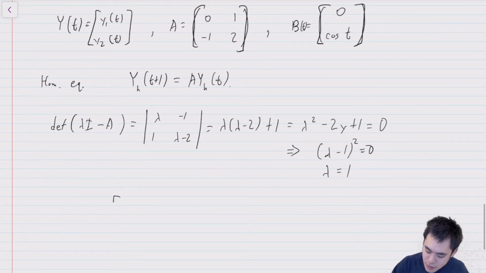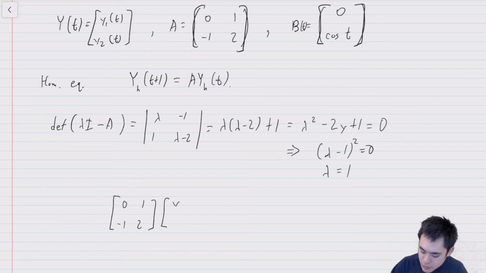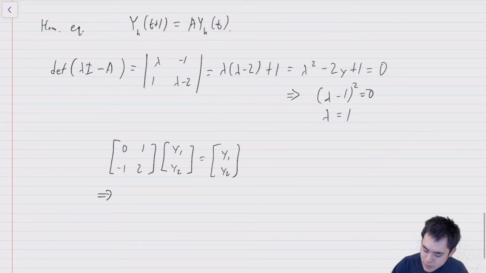So let's say we had the matrix 0, 1, minus 1, 2 times, let's call this y1, y2, is equal to y1, y2, which implies that, let's see, what is that? y2 is equal to y1, and minus y1 plus 2y2 is equal to y2.